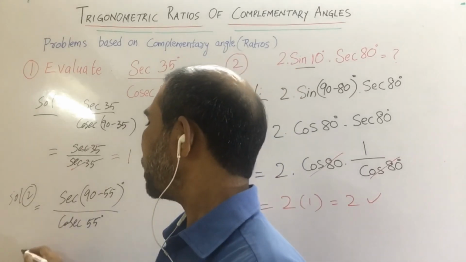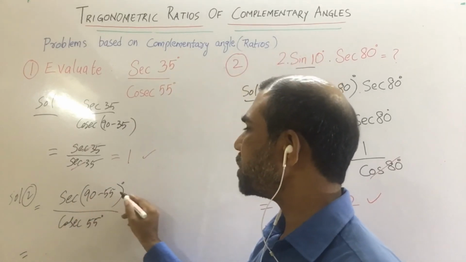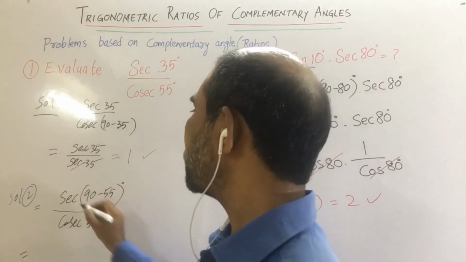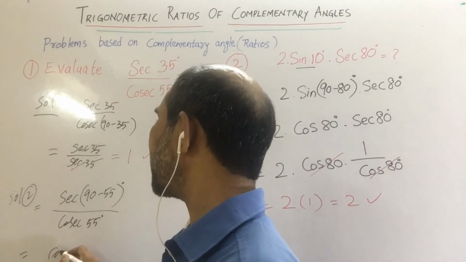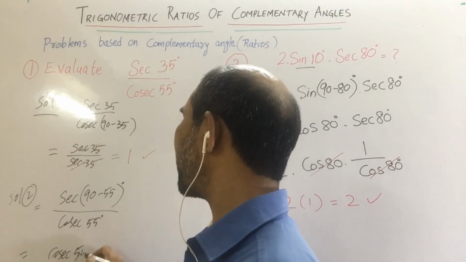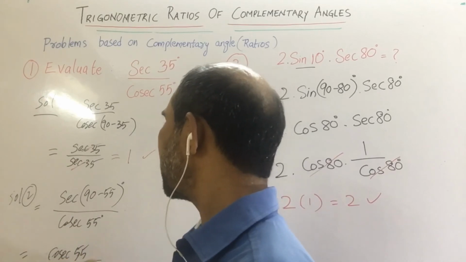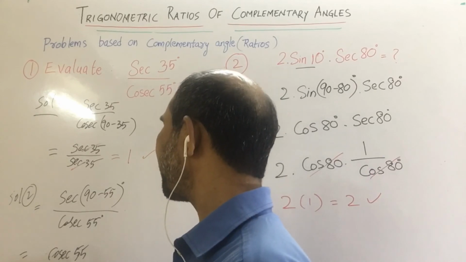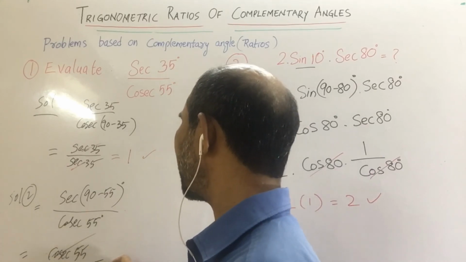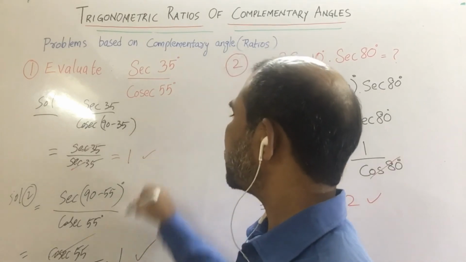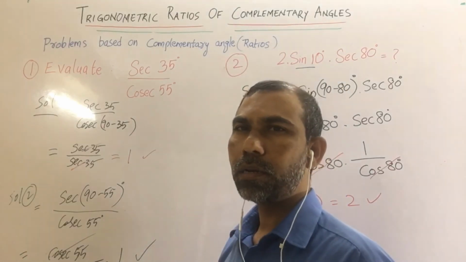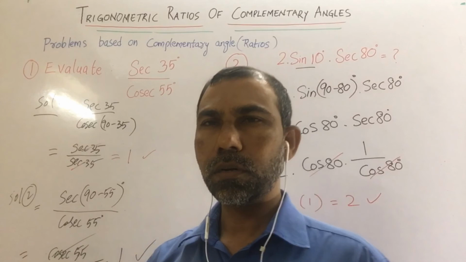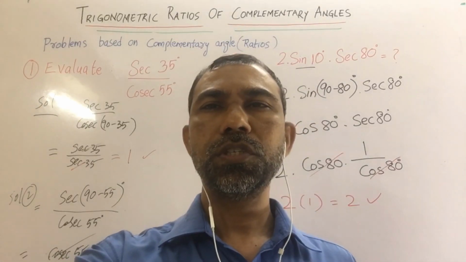Now, after that sec(90 minus 55), sec(90 minus theta) is cosec theta. So, instead of this you can write cosec 55 upon cosec 55. Again the cosec gets cancelled, and the answer is 1. The same answer you will get in either method. You can use different methods in order to solve a question.